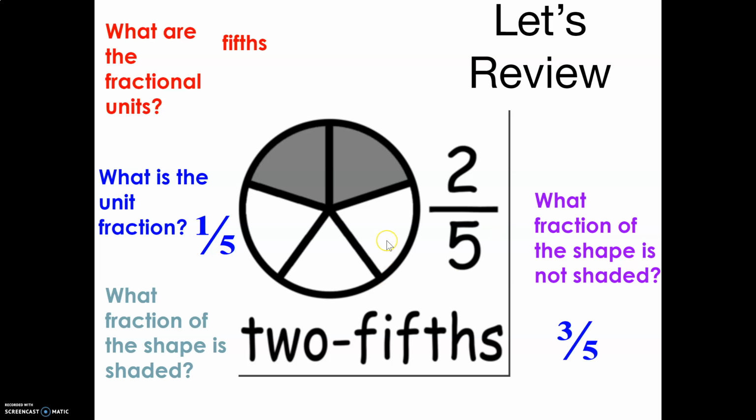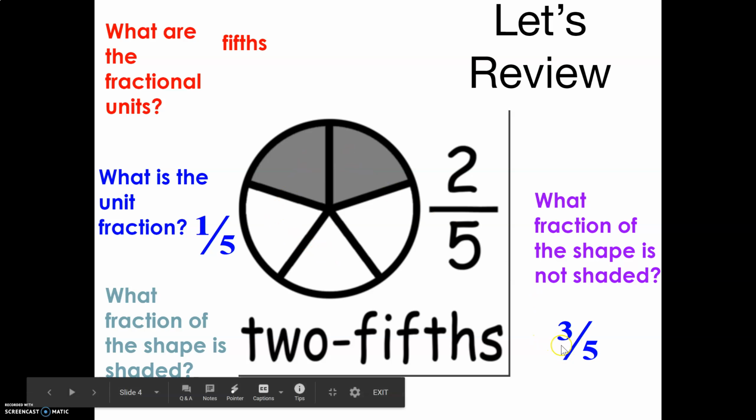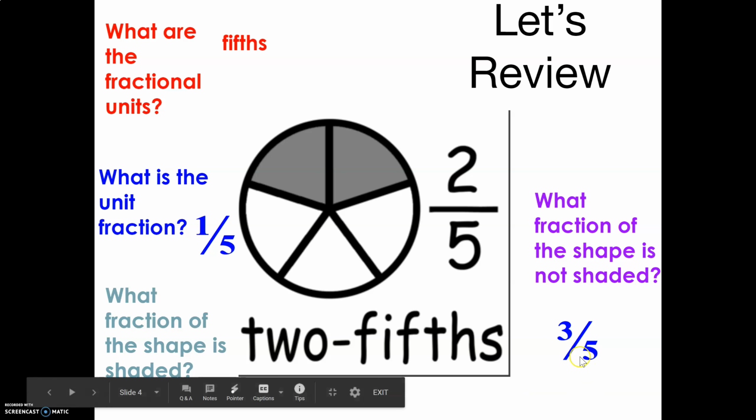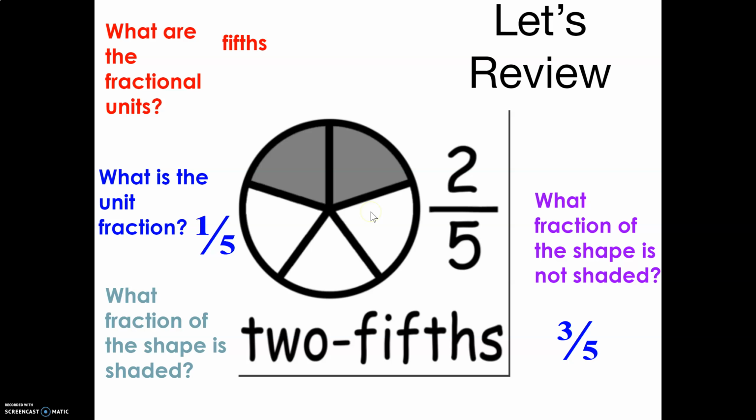Did you say 3/5? There are 1, 2, 3 pieces that are not shaded, and there are 1, 2, 3, 4, 5 total pieces. So the 3 tells me how many pieces are not shaded, and the 5 tells me the total number of equal pieces in this model.